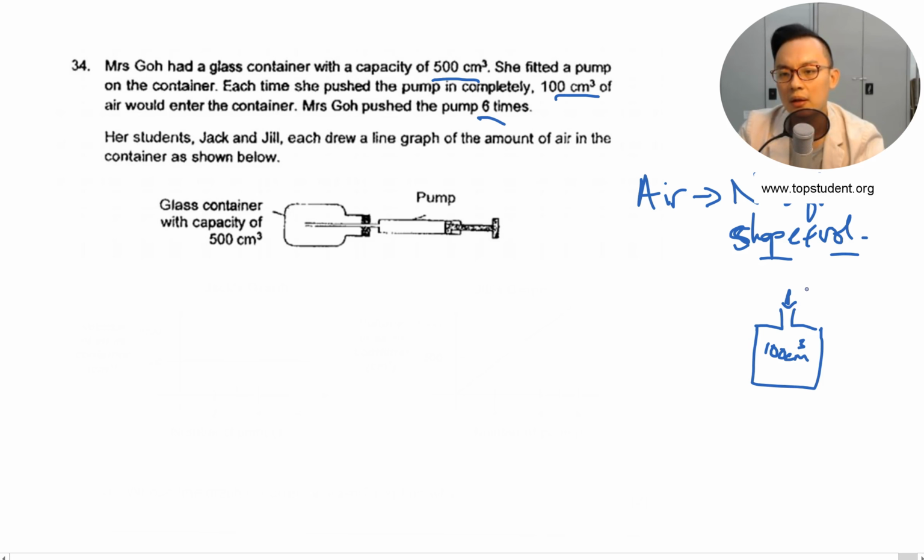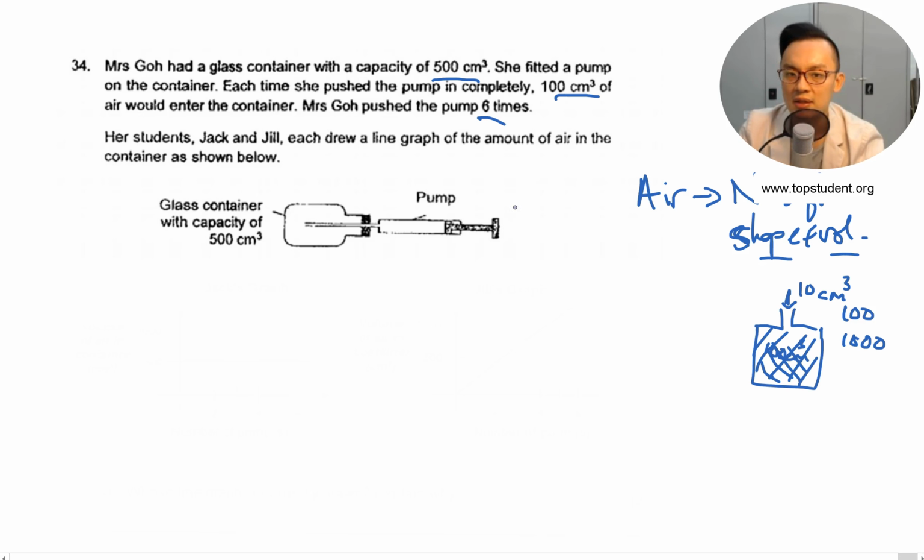If I pump in 10 cubic centimeters of air, because there's no definite volume, it will occupy the entire 100 cubic centimeters. If I pump in 100, it will also occupy 100. If I pump in 1,000, it will also occupy just 100 cubic centimeters.